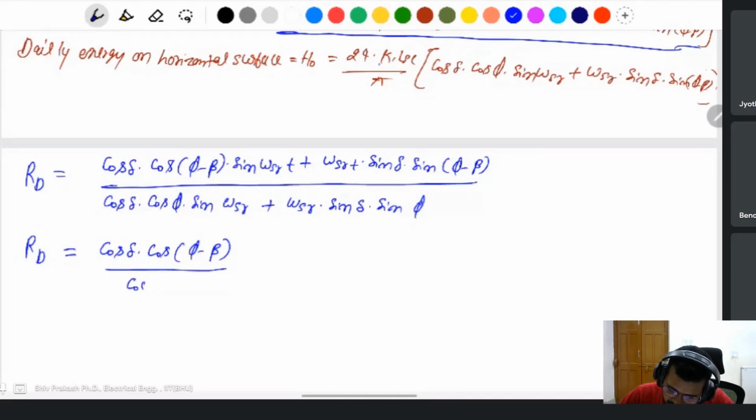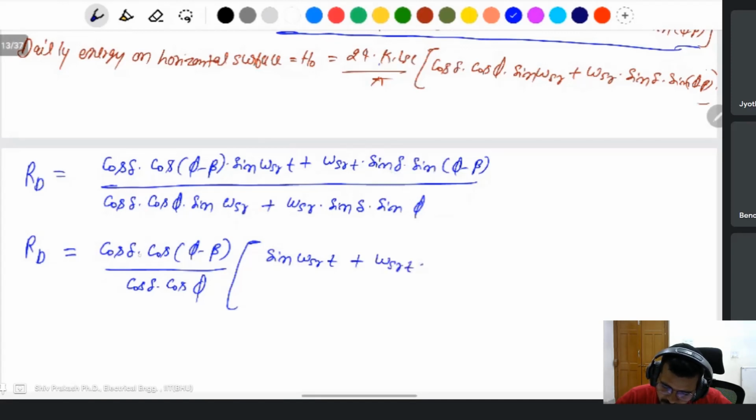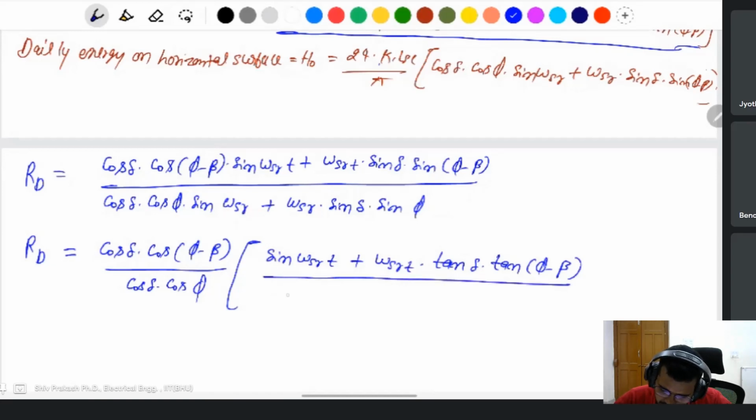You can take cos del into cos phi common. This will be sin omega SRT plus omega SRT into sin del divided by cos del, which is tan del, into tan phi minus beta, over the corresponding horizontal terms with tan del into tan phi.